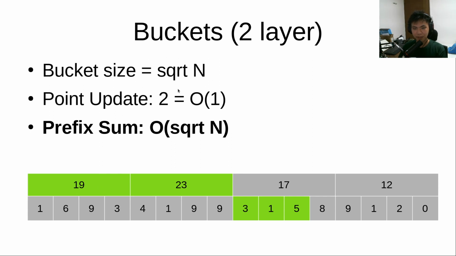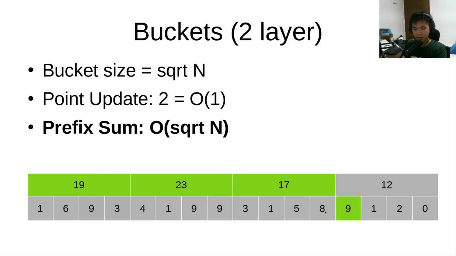So because I've chosen the bucket size to be clever, the number of buckets I have is also square root n. So no matter what range I want to query the sum of, the number of buckets and the number of elements in each bucket doesn't exceed square root n. So the total time complexity is O(square root n). So that way we save some time.